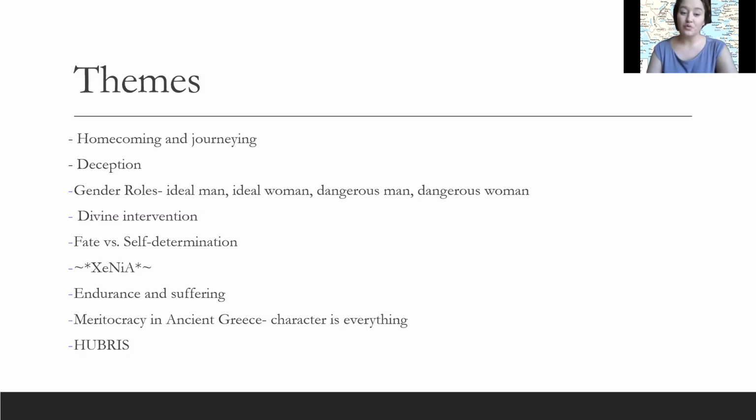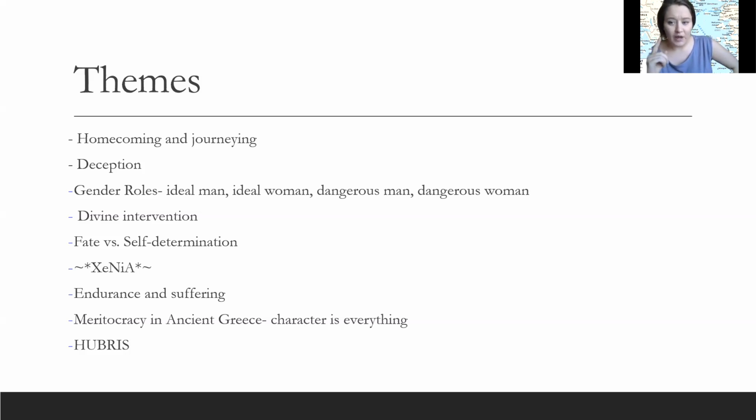Gender roles. You know, I got to talk about gender roles. What is Homer presenting from the eyes of the characters as the ideal man? And who is the dangerous man, the immoral man? Who is the ideal woman? Who is the dangerous woman? These ideas of what men and women were supposed to be, the roles they were supposed to play, and the qualities they should have to be that ideal man or woman were kind of fixed in ancient Greece.